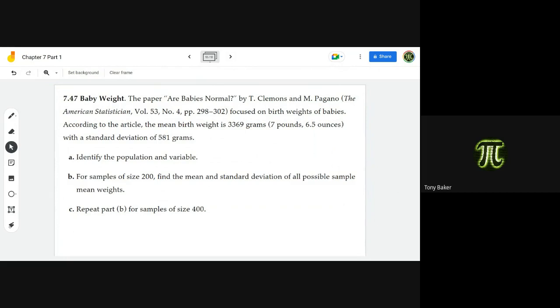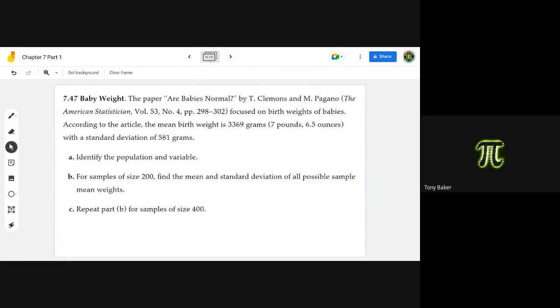All right. So what's the mean for a sample size of 200? 3,369. Very good. What's the mean of the sample size of 400? 3,369, because that's what we're going with in this case. Very good. That'll change in a couple chapters from now, because I won't give you that anymore, and we'll have to figure things out.